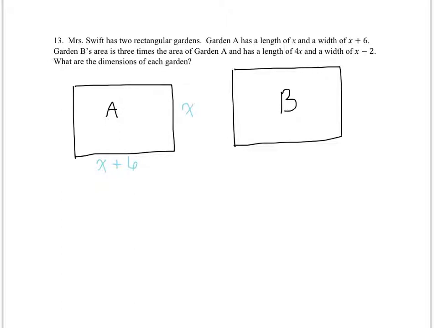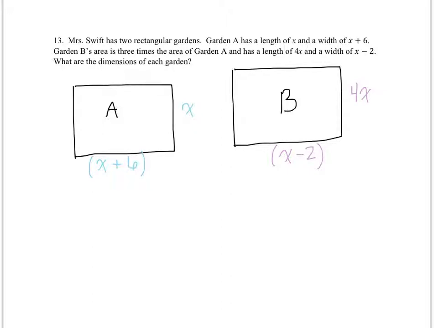Garden B's area is 3 times the area of Garden A and has a length of 4x and a width of x minus 2. The parentheses don't matter, but just so you know, the length and the width are quantities.